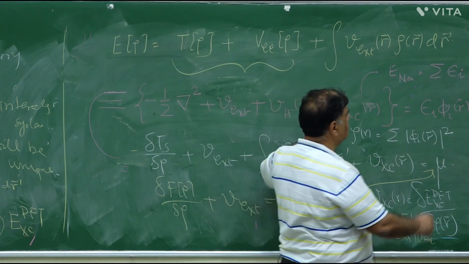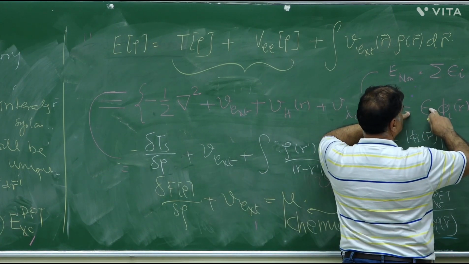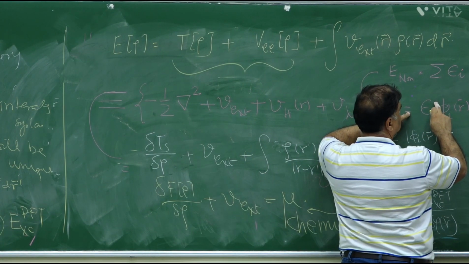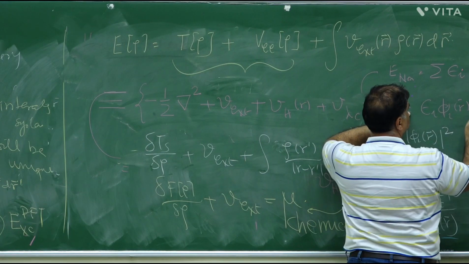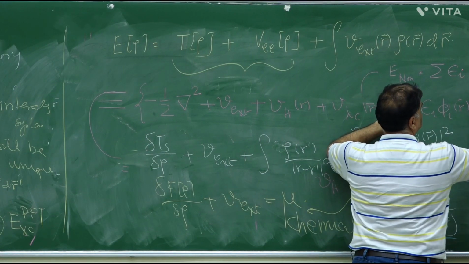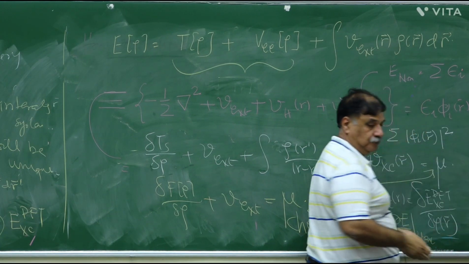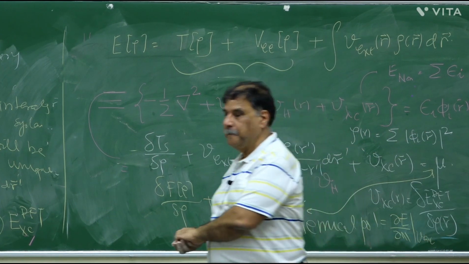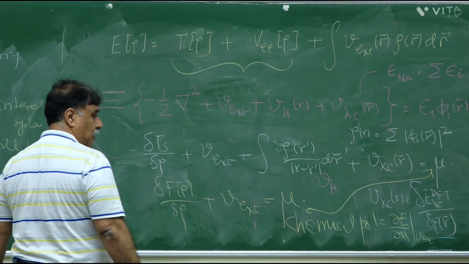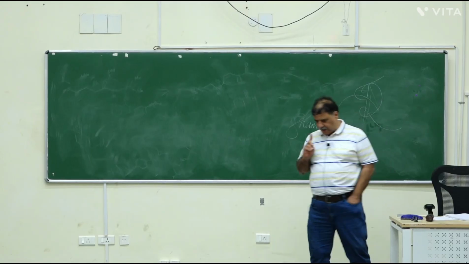And in this system, the minimum dE/dN is going to be when you remove a particle from the uppermost orbital. So from here, mu is going to be epsilon. Nice. I'll stop here. I'll take any question about non-interacting particles.